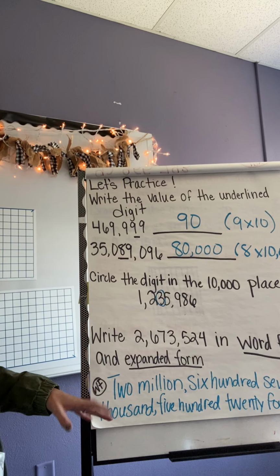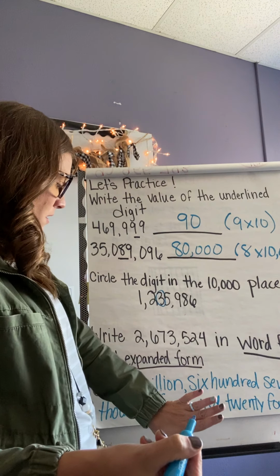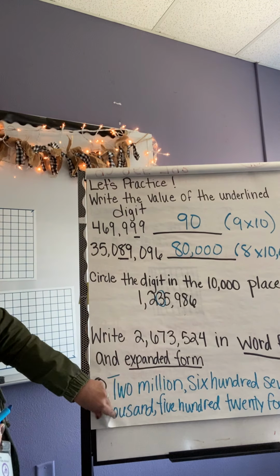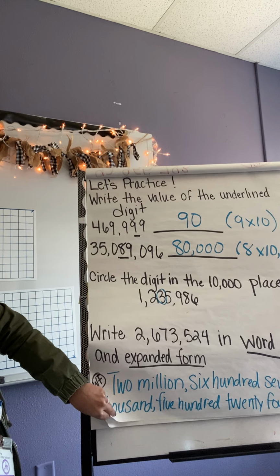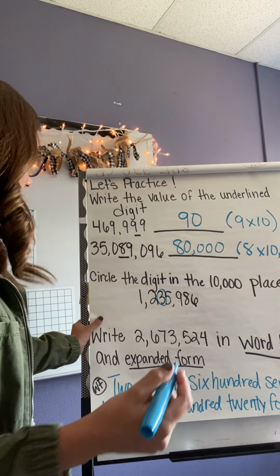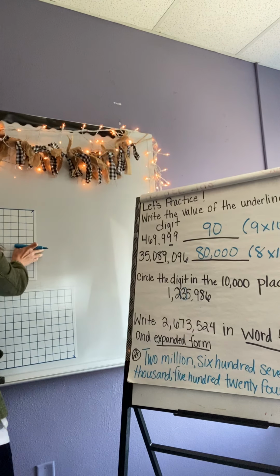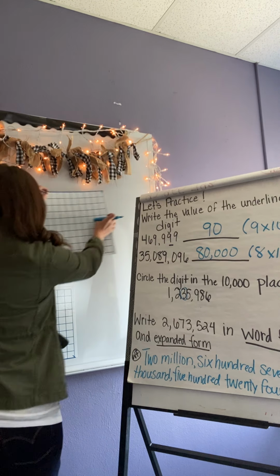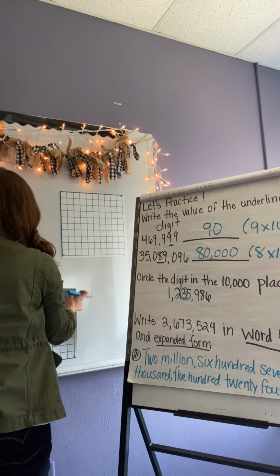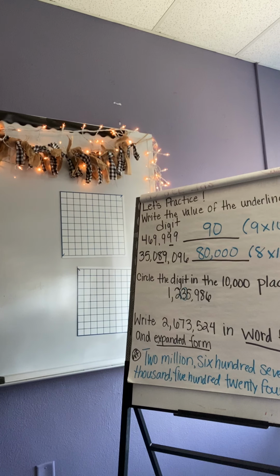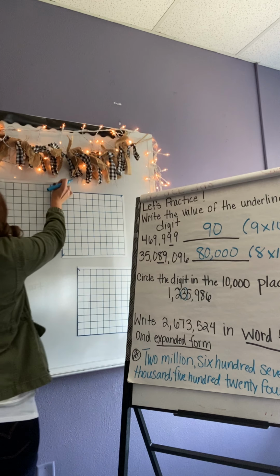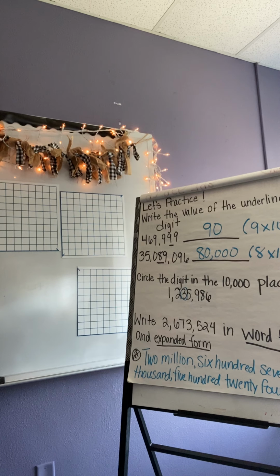Okay, well, they didn't just ask us to write it in word form, they also asked for expanded form. So we'll come over here to the board. Move these out of the way. So remember, there's 2 ways to write expanded form. Expanded form is the sum of the value of the digits in a number.